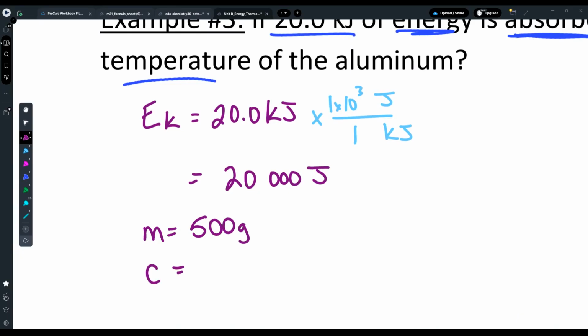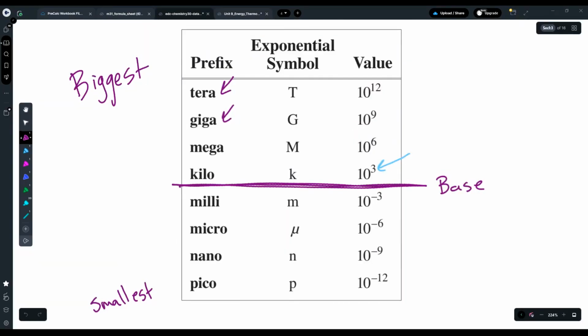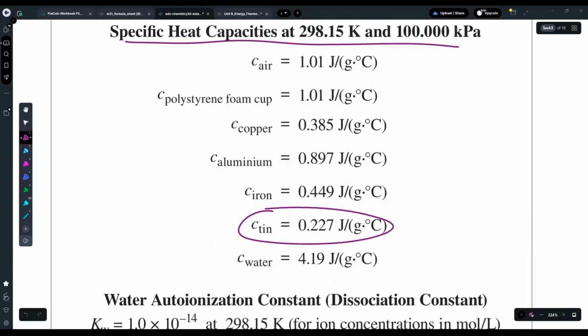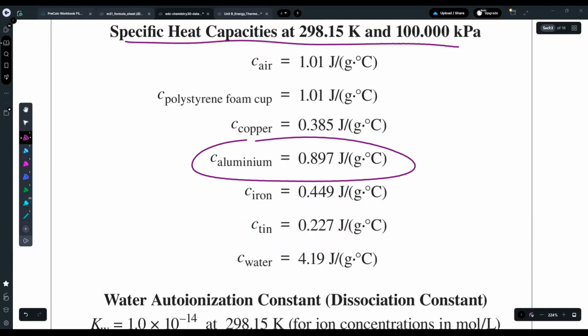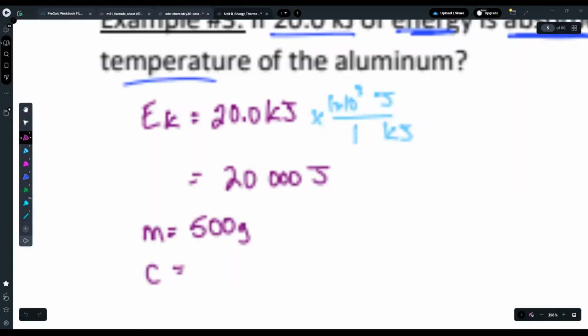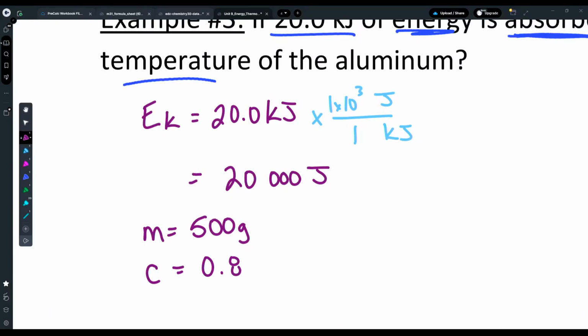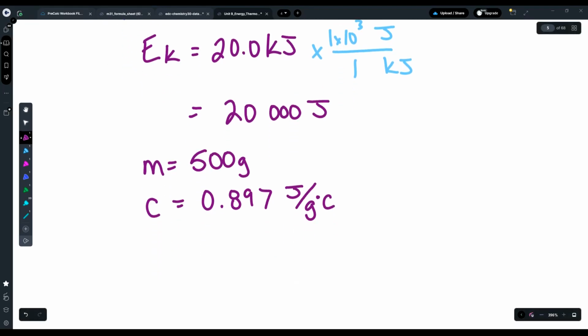Specific heat for aluminum, if we look that up, is right here, so 0.897. Okay, and we were given our initial temperature.